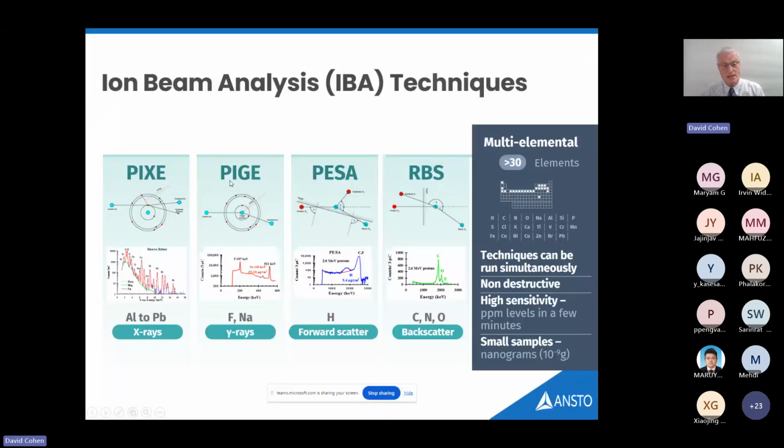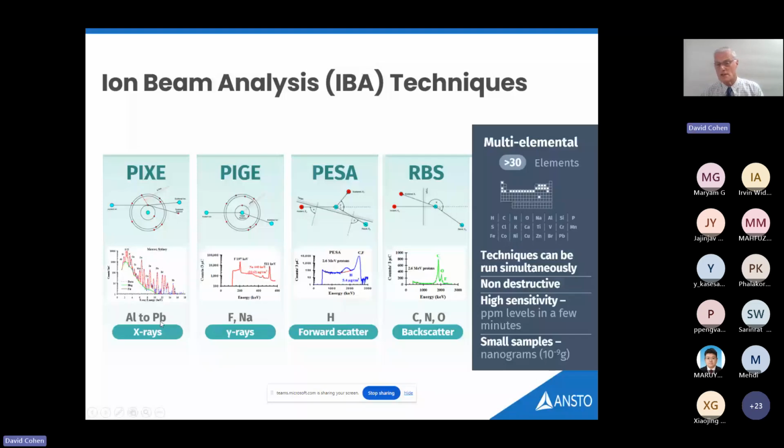Gamma rays, PIGE, are very good for light elements like fluorine, sodium, magnesium, lithium. PESA, as I've said, is very good for hydrogen. And Rutherford backscattering is very good for carbon, nitrogen, and oxygen. So these four techniques cover all elements from hydrogen right up to lead in the periodic table.